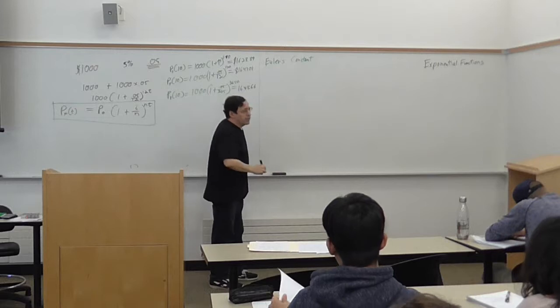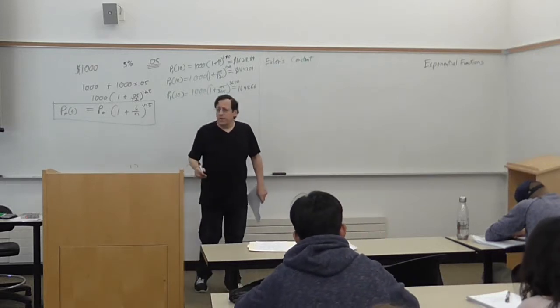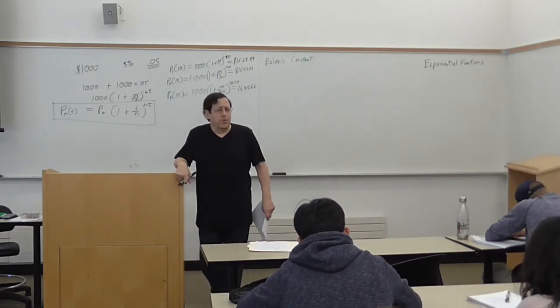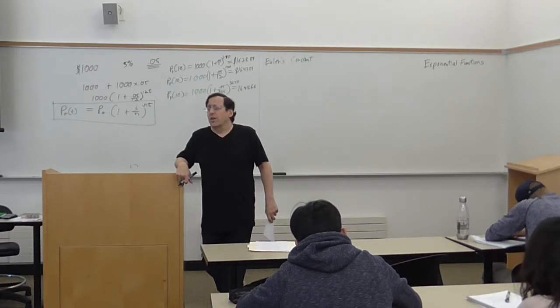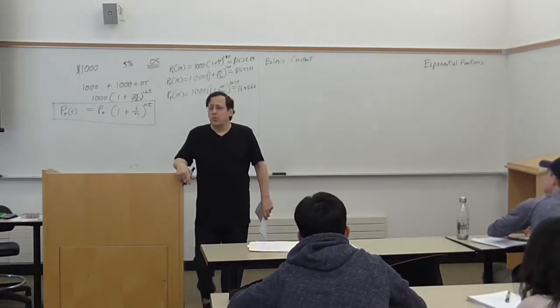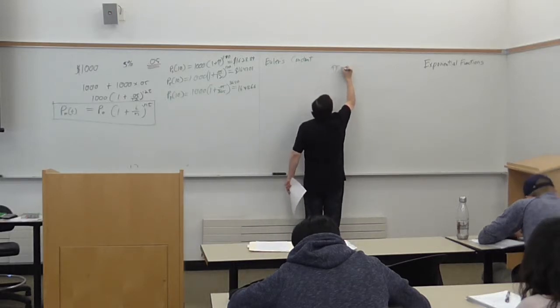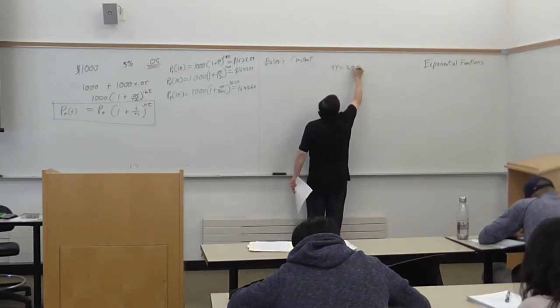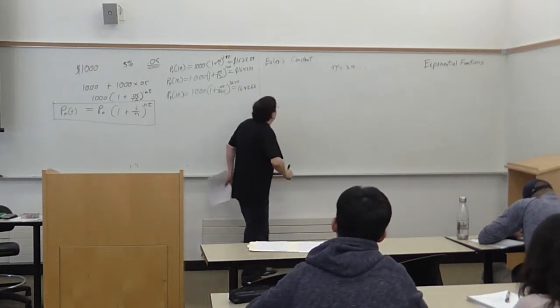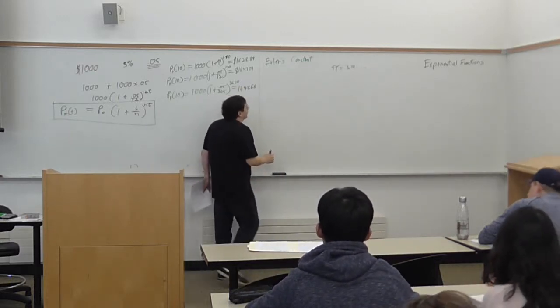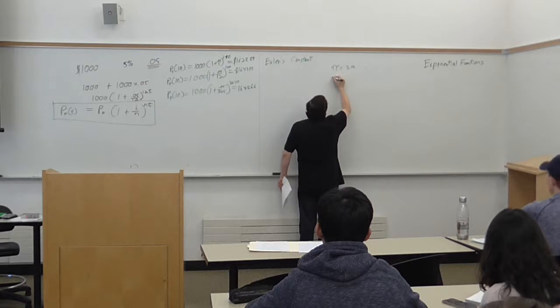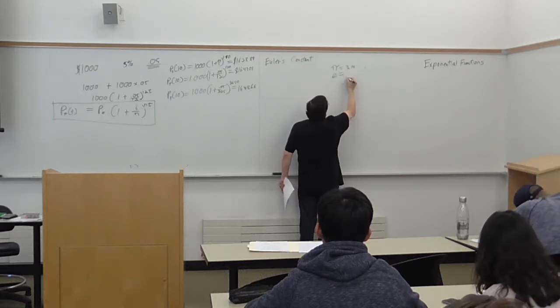Euler's constant is a number. It's one of the most important numbers in mathematics. It's probably second only to pi. Everybody knows pi and knows how important pi is. Euler's constant, we give the symbol, the script E.